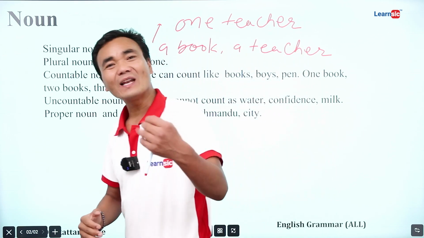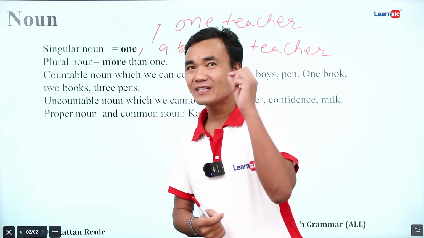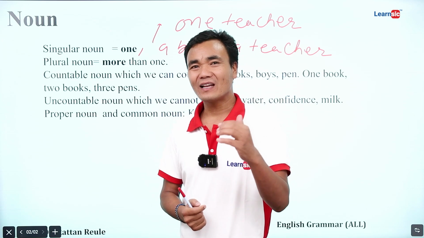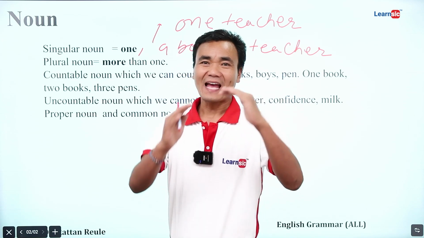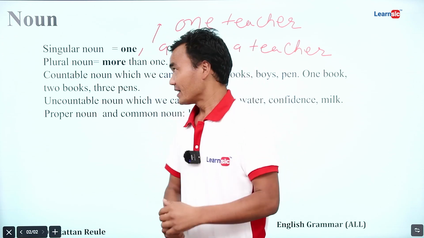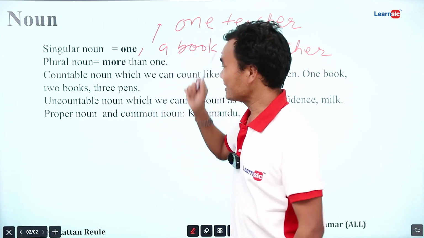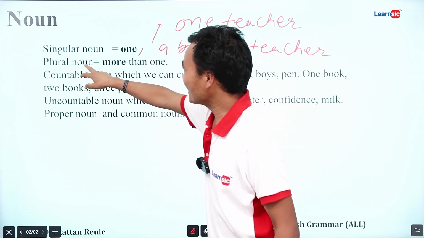So my dear all learners, these are the examples of singular noun. A singular noun stands for only one person, one thing, one place, one name, just like ekvachan. Another example we can take is plural noun.